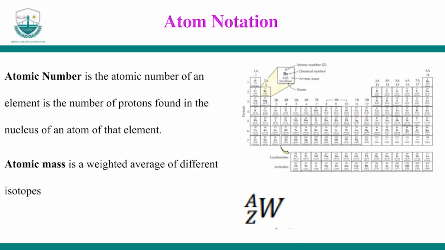Let us look at what we call the atom notation. What does this really mean? In chemistry, we have a conventional way of writing things, a conventional way of communicating information, so that any chemist around the world knows what we are communicating.